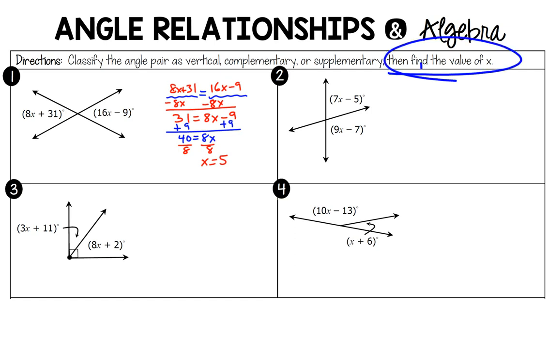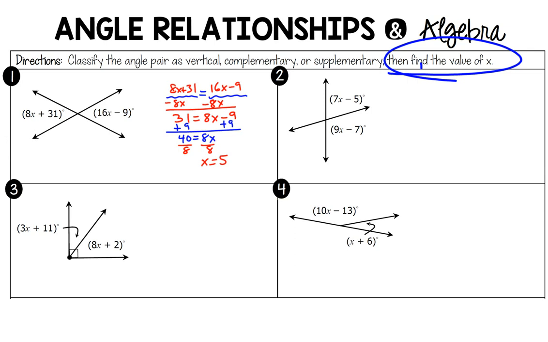But if I wanted to know what the measure is, I would remove the letter x and I would replace it with the number I found. So 8 times 5 is 40. 40 plus 31 is 71. So if I wanted to, I could say that these two angles are 71 degrees. But my directions don't ask for that, so I'm not going to do that here today.